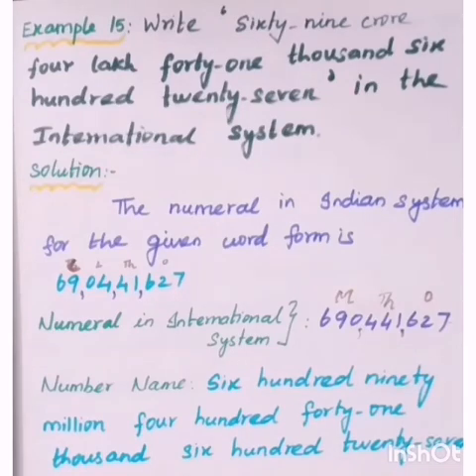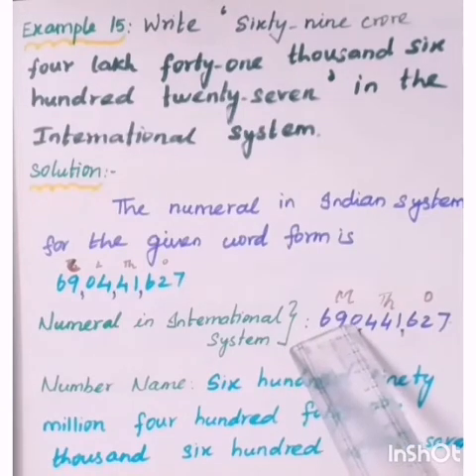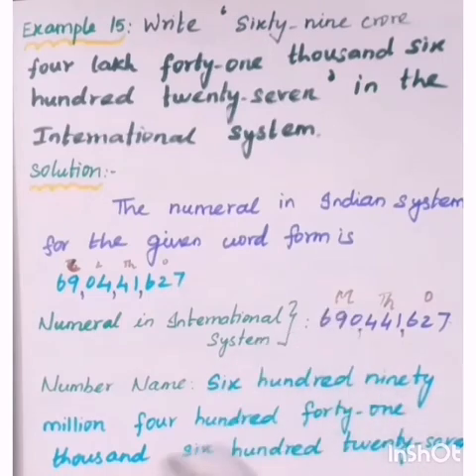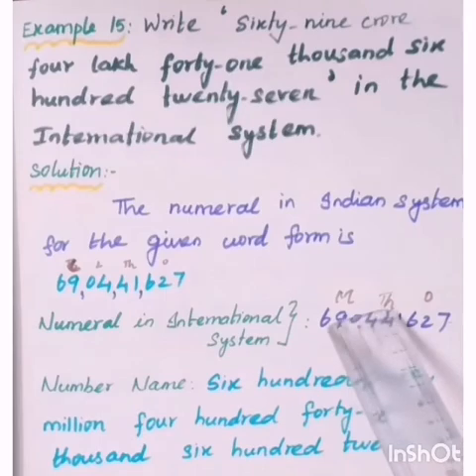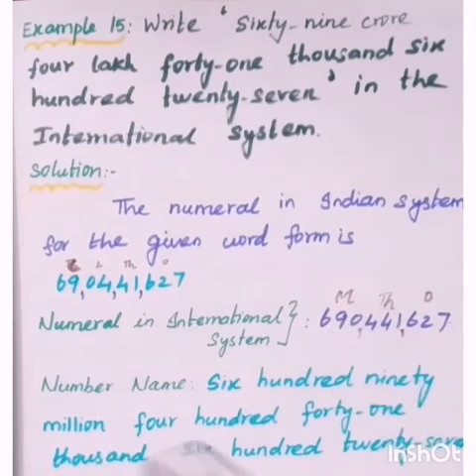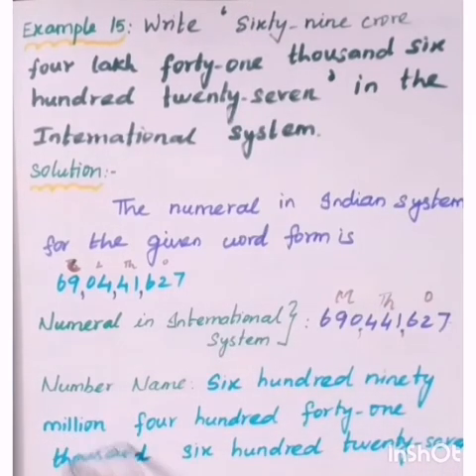After that, you have to write the number name. Look at this: 690 in million period, isn't it? So you write 690 million. Next, 441 in thousands period, so you write 441 thousand.